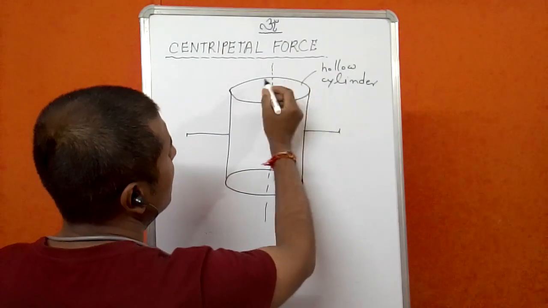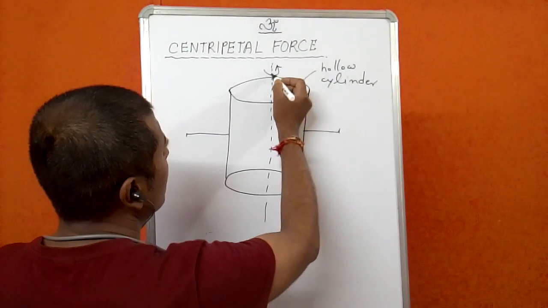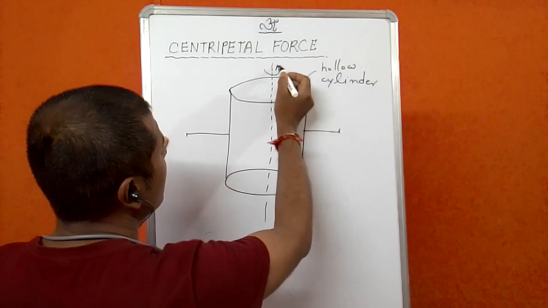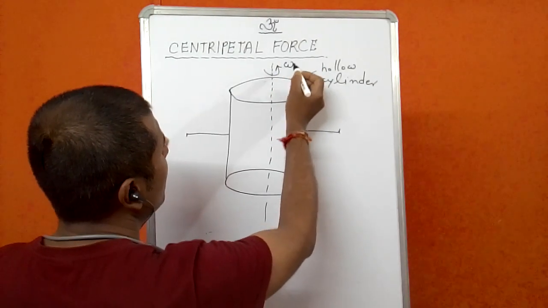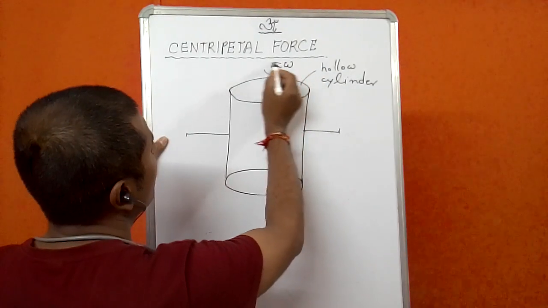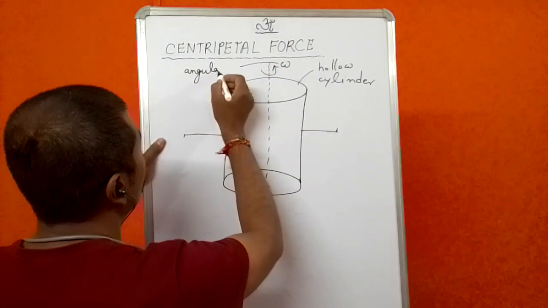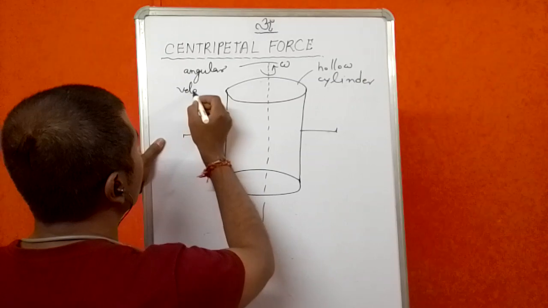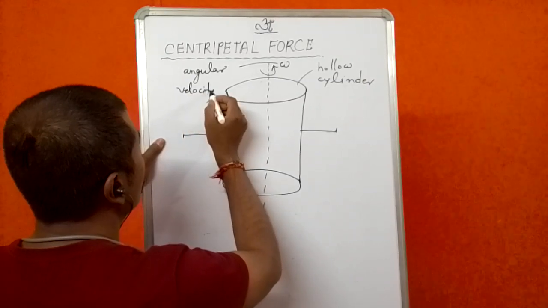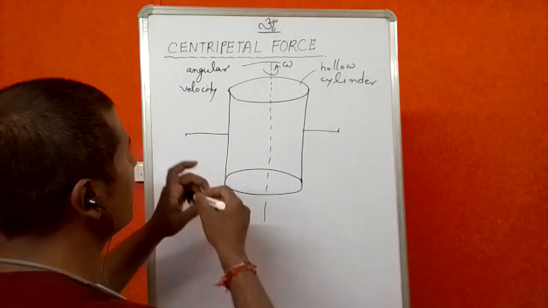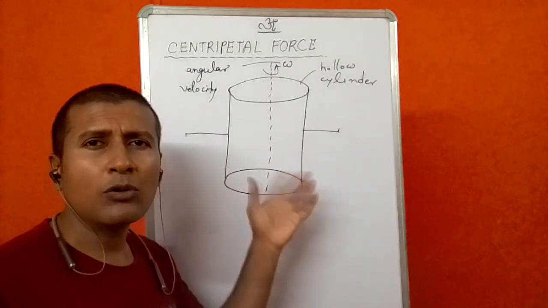Now this particular cylinder can rotate with an angular velocity omega. What is this omega? This is the angular velocity with which this particular cylinder can be rotated, right?